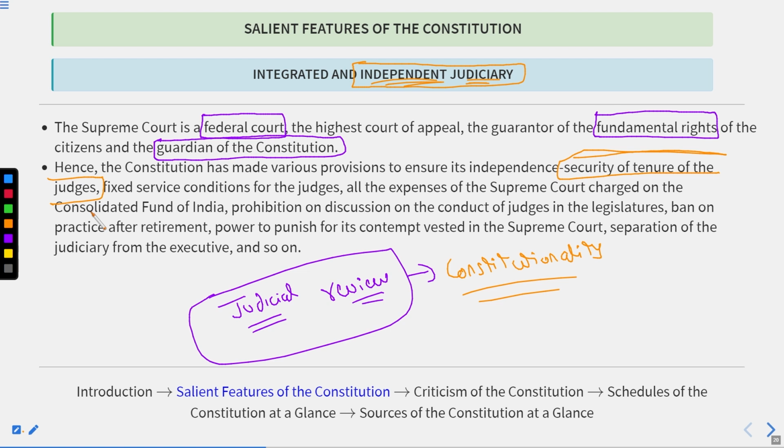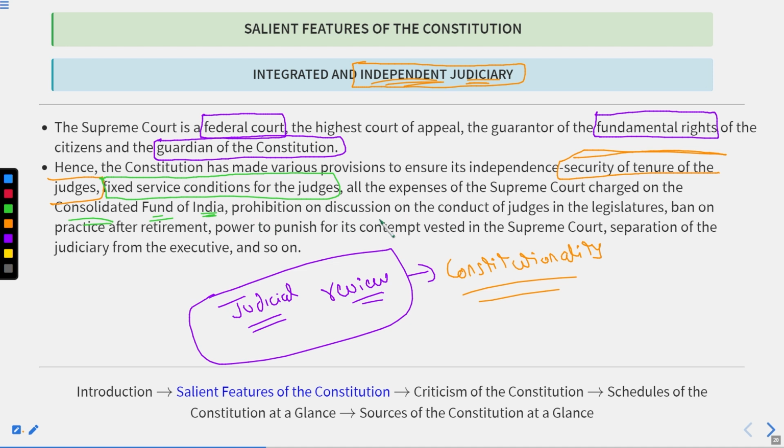Thereafter, the fixed service condition of the judges. It means that once the judge has been appointed, no changes could be made in his service conditions, so that he could do his work in a free manner. Thereafter, all the expenses of the Supreme Court are charged on the Consolidated Fund of India. It means that the expenses of the Supreme Court could not be stopped and could not be challenged.